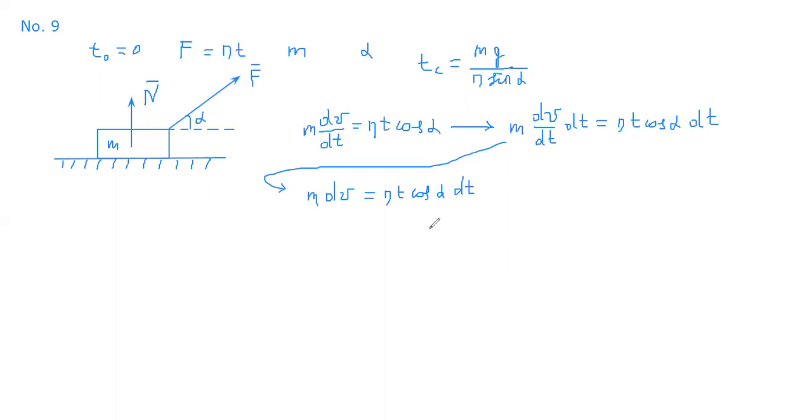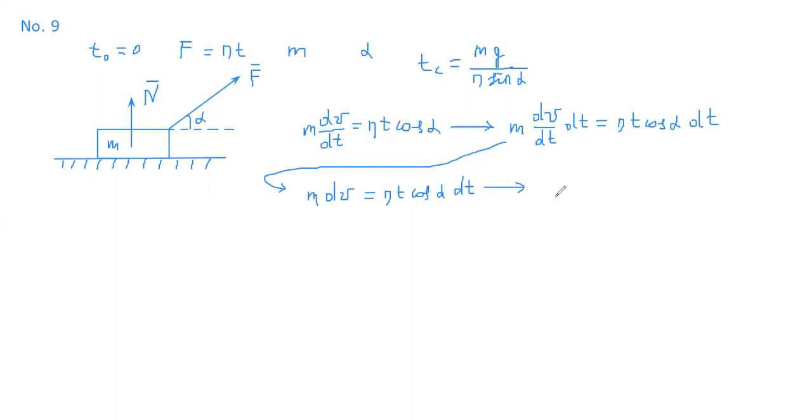And now the variables are separated, because in the left part we have only v, and in the right part we have only t, and there are no differentials in denominators. So variables are separated, and when they are separated, we can integrate this differential equation.